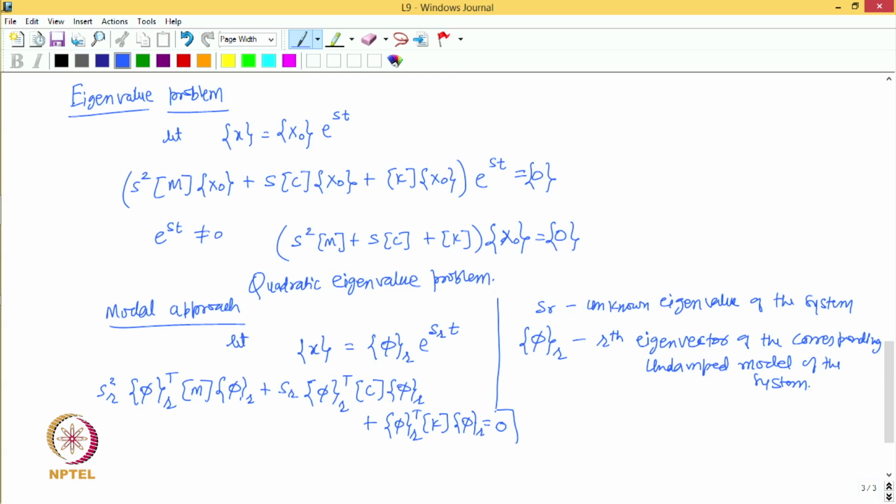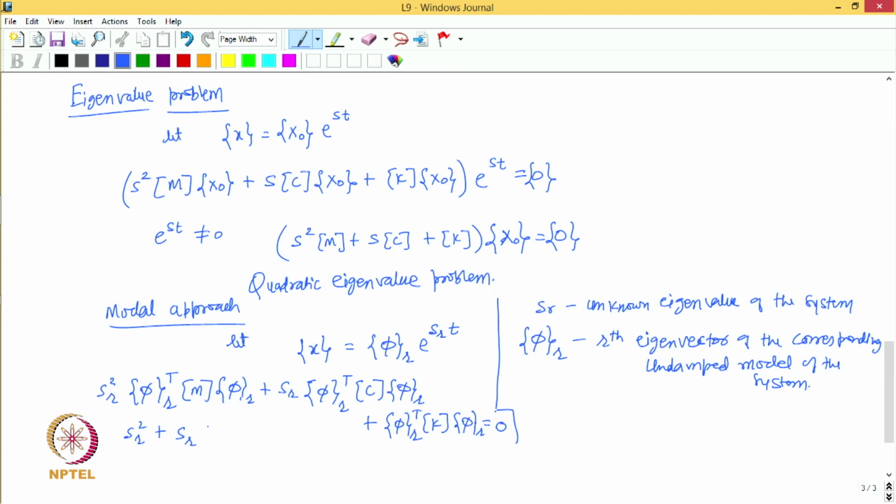Here, let us say phi r is a mass normalized eigenvector of the corresponding undamped model. In that case, using the orthogonality properties, s r square phi r transpose m phi r would be simply 1. For phi r transpose C phi r, we can substitute the proportional damping model we have assumed, nu k k plus nu m m.